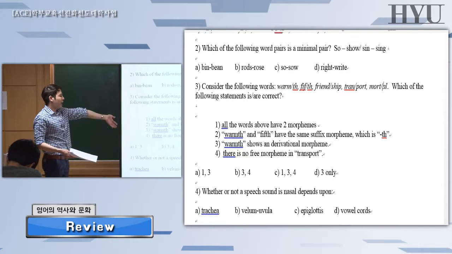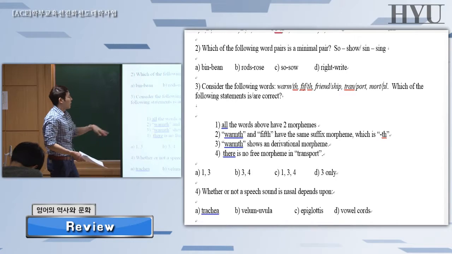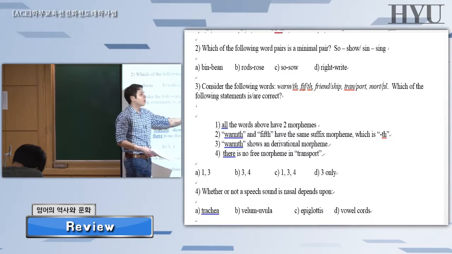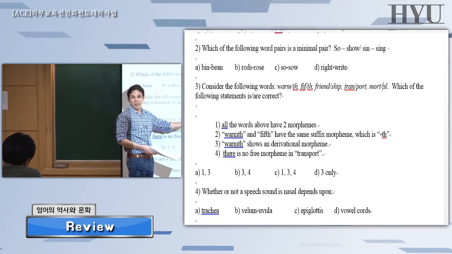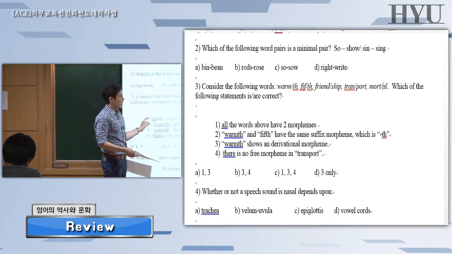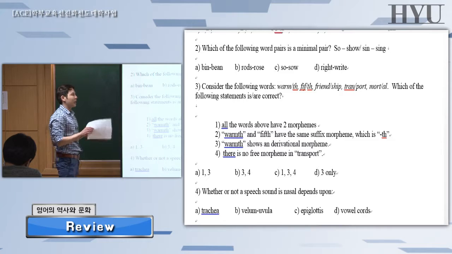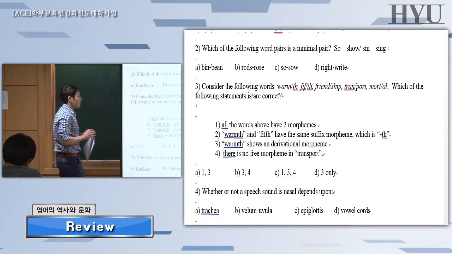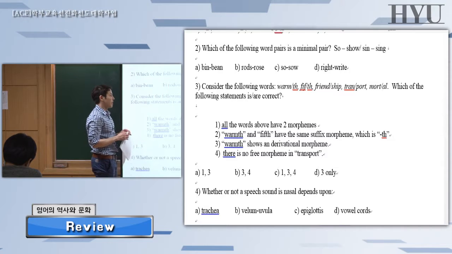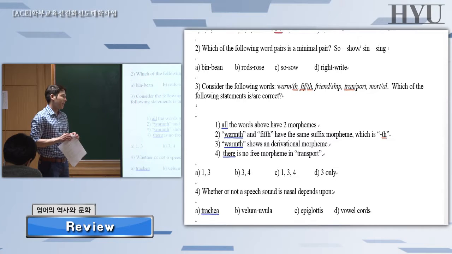So let's look at the statements here. Number 1, all the words above have 2 morphemes. Is that correct? Yes. So 1 is correct. Number 2, warmth and fifth have the same suffix morpheme, which is TH.